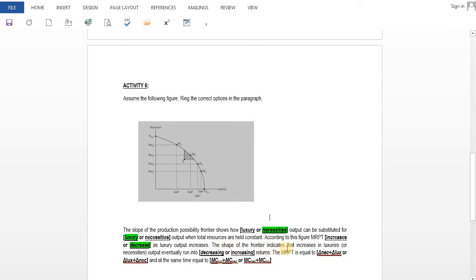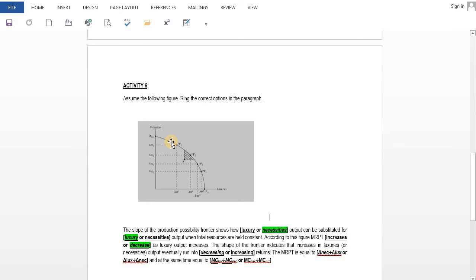The shape of the frontier indicates that increases in luxuries or necessities output eventually run into increasing or decreasing returns. When you're moving along any point on the production possibility frontier, it means it is efficient, attainable, and an allocation equivalent to any other point.